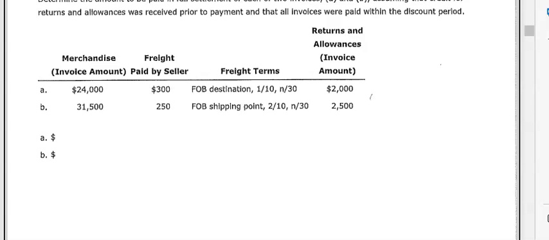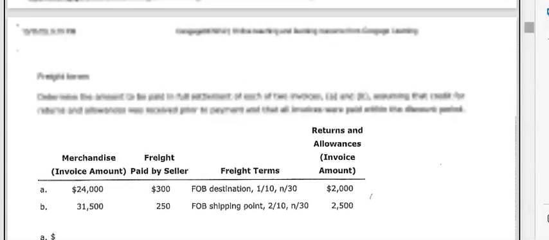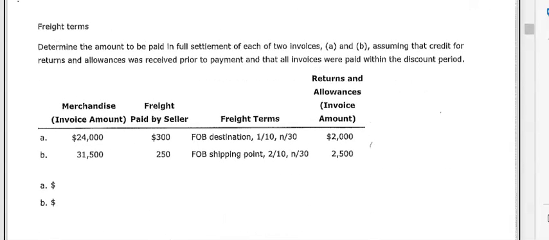So here we need to talk about what we mean by shipping terms. We have two shipping terms: FOB destination and FOB shipping point. FOB destination means that when you shipped the goods, the title to those goods changed hands at the destination. So that means that the whole time it was traveling, it still belonged to the seller.